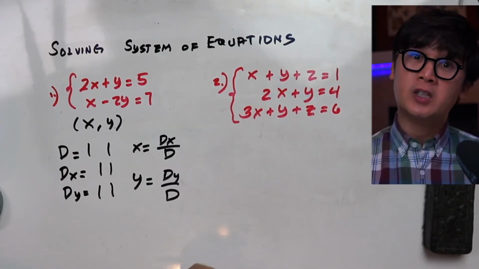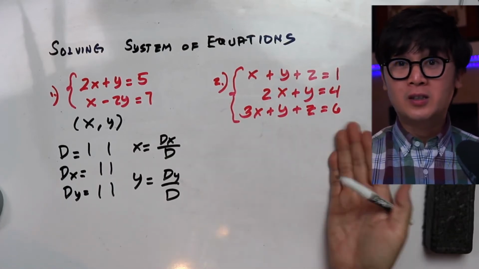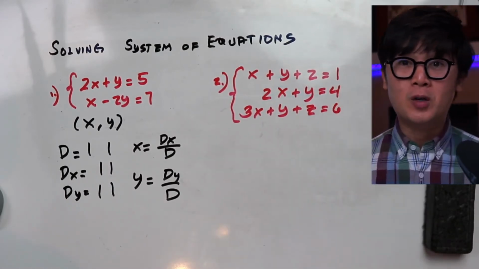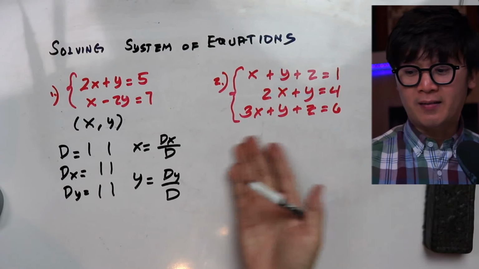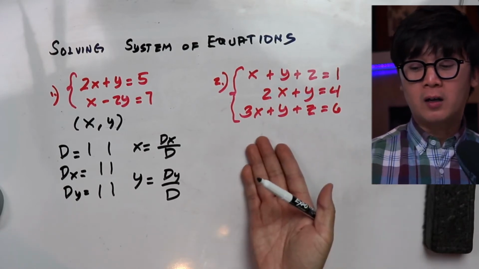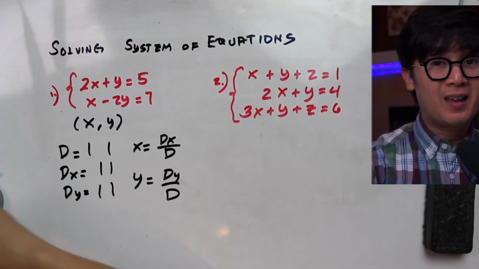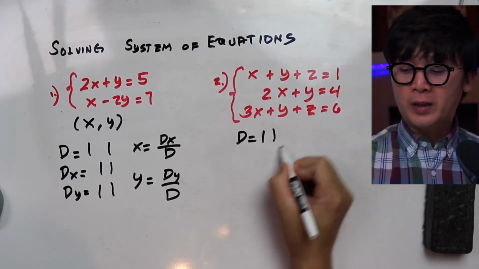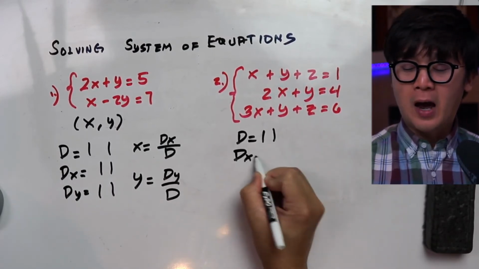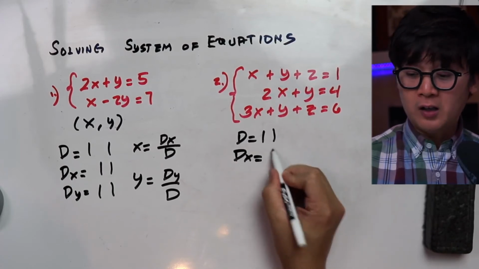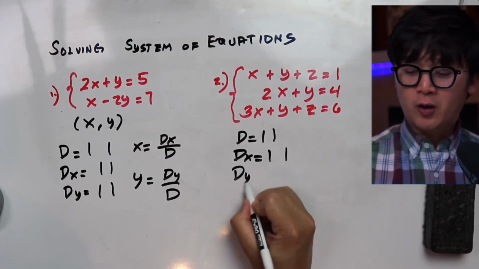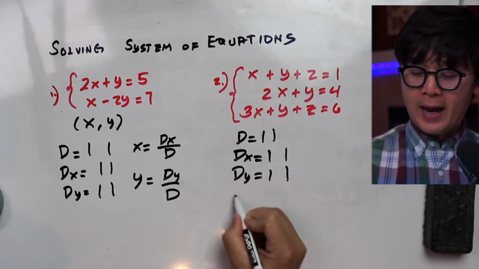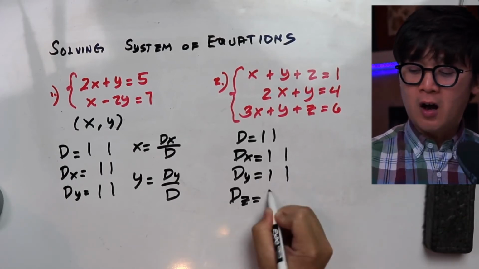So we need basically three square matrices and find its determinant to find the value of x and y, and now we have the solution of our linear system, which goes the same process in a 3x3 matrix like this, or linear system with three unknowns. So we need to have the coefficient matrix, the matrix for column x, the matrix for column y, and the determinant for column z.